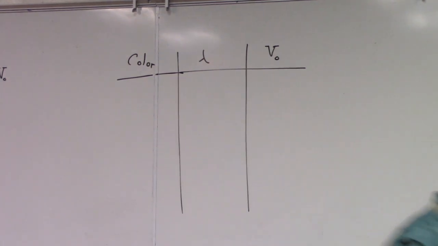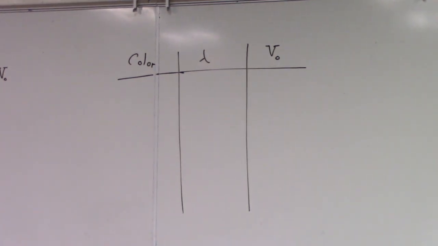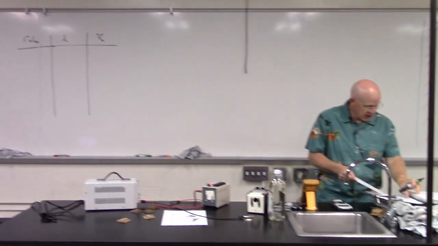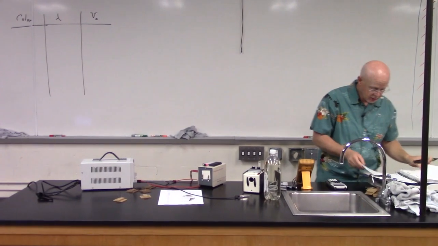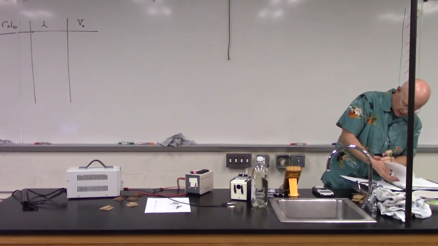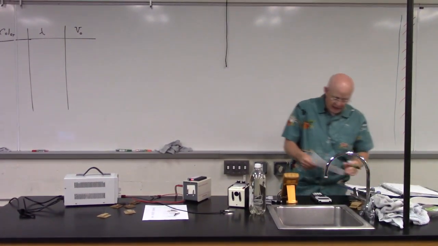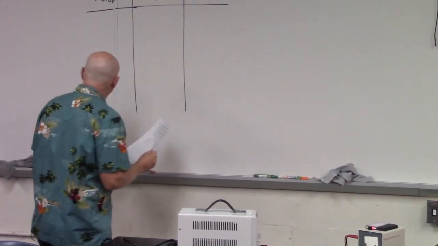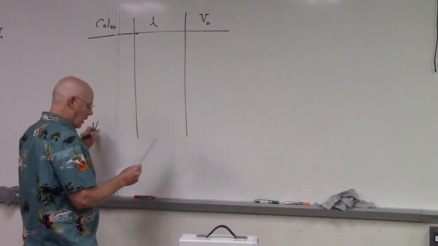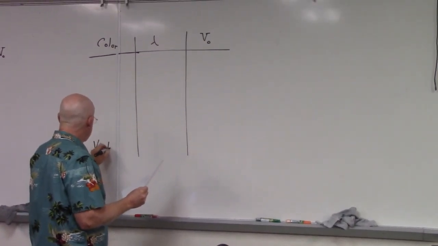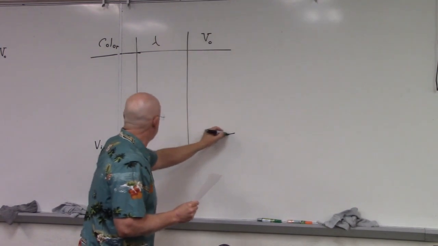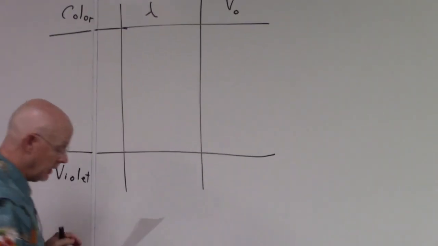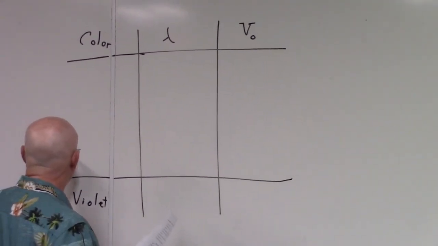And let me open up the lab manual to page, I think it starts on 42. There is this little chart here that says, what color? Our chart puts the highest energy photons at the bottom, so I'll follow that pattern, but I'm going to measure from the bottom up. So I'll do the violet first.